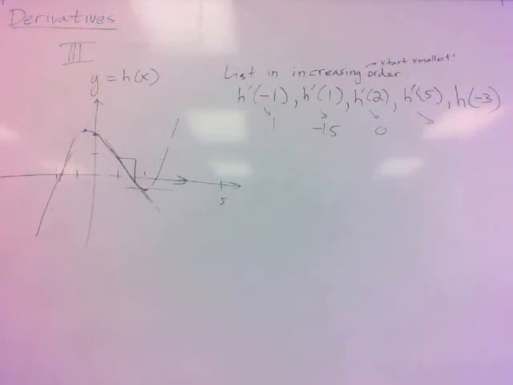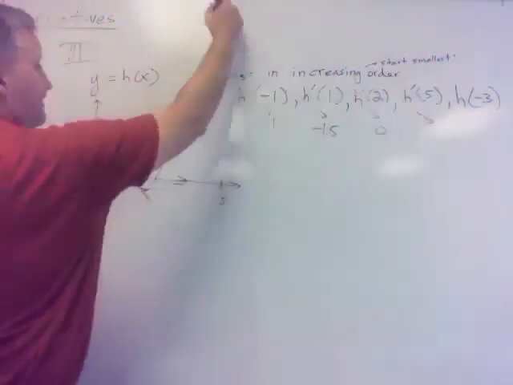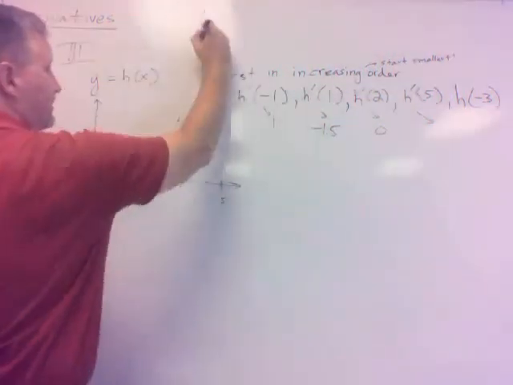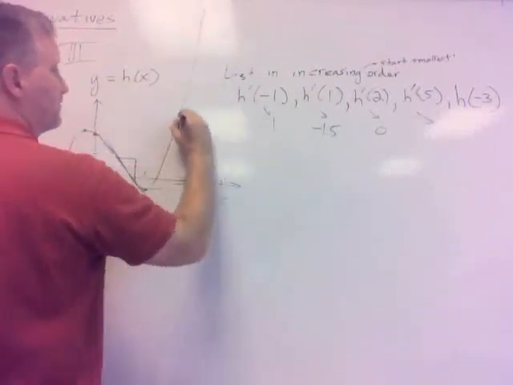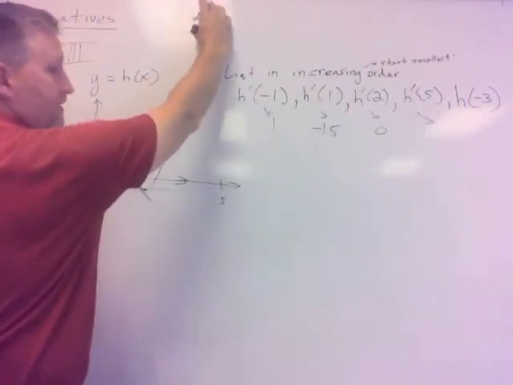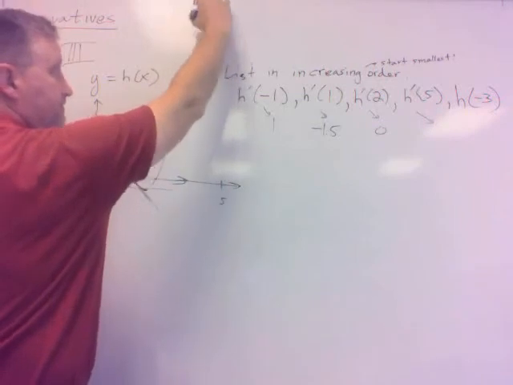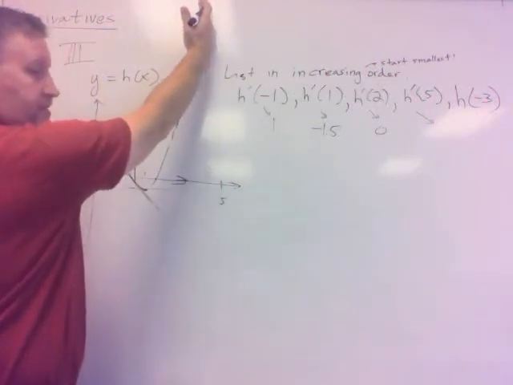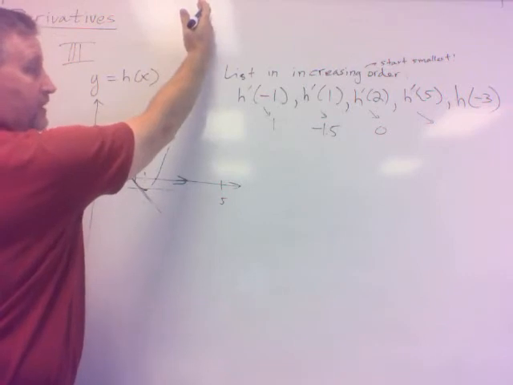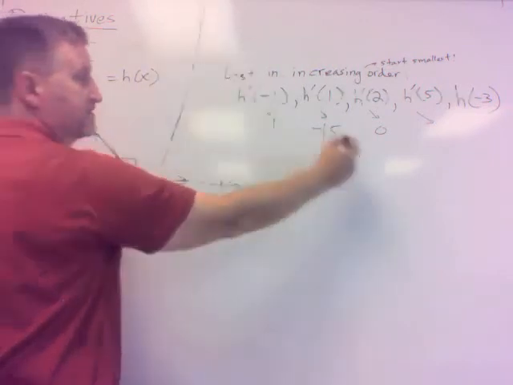But what would you say as far as its slope goes? Very large? Medium? Well, if you think about it, this thing is slanted pretty good right here. So if I go on up out there, I'm talking pretty steep tangent line, so it has a large slope, a large positive number.